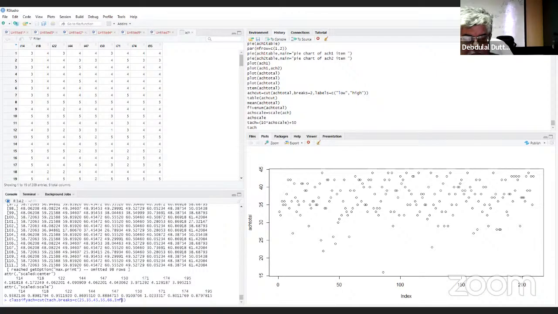Okay, for that we use infinity. Double inverted commas, very low, low, average, high, very high.